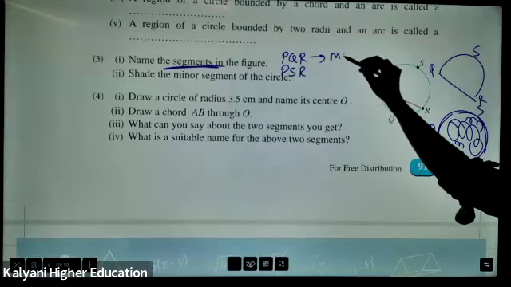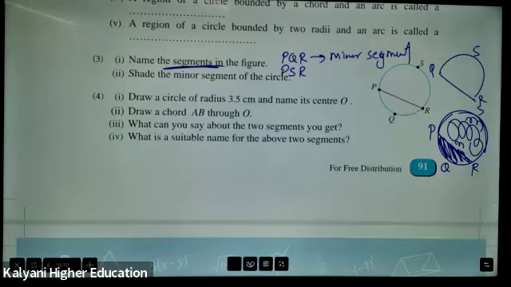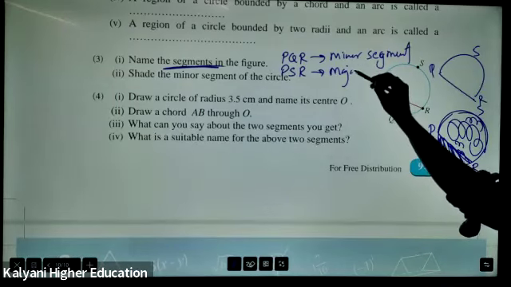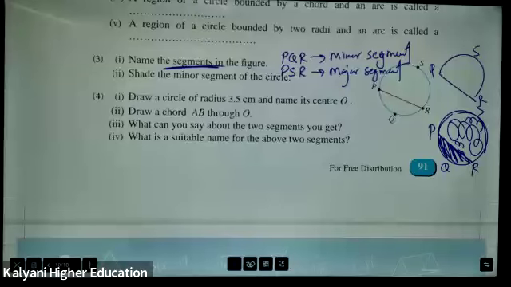Minor segment. What about the other one? Big one. Major segment. Good. Next one.